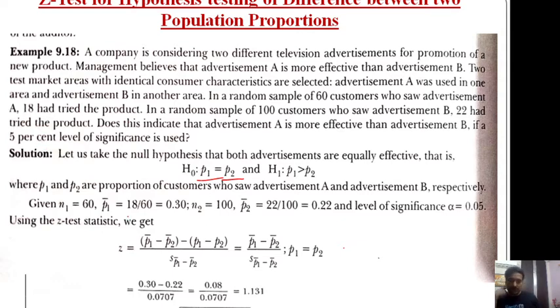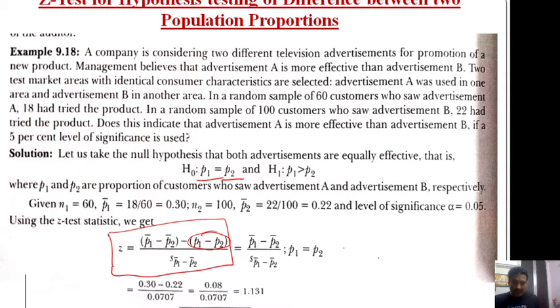So in this case the Z statistic is calculated in this way. P1 bar minus P2 bar, from the given data you can easily calculate the values of P1 bar and P2 bar, and because under H0 P1 and P2 are equal, the value of P1 minus P2 becomes 0 automatically. And how would we calculate S P1 bar minus P2 bar?